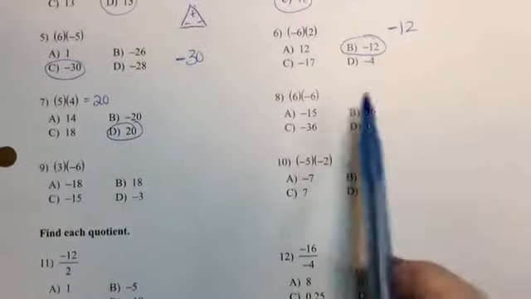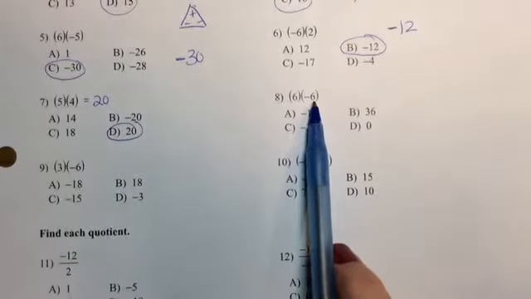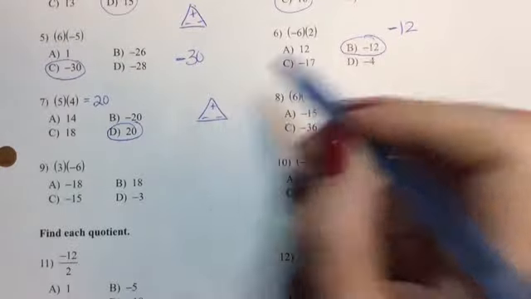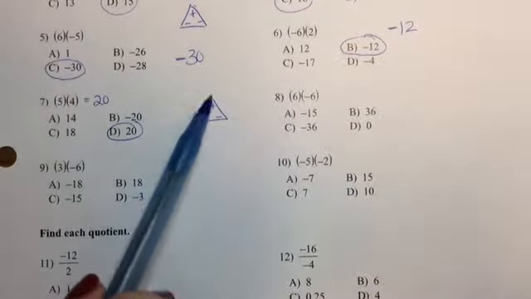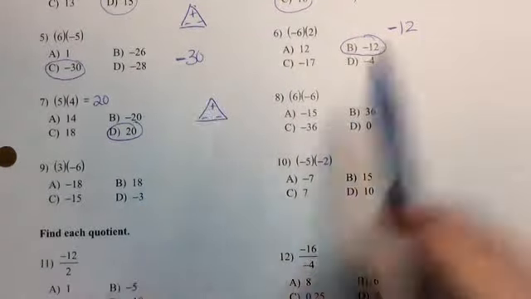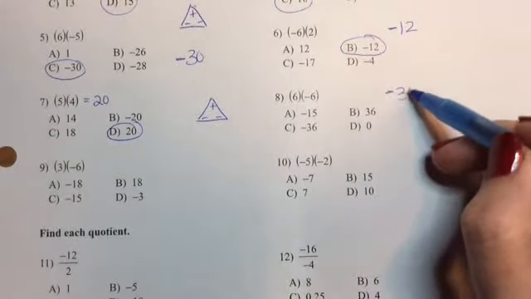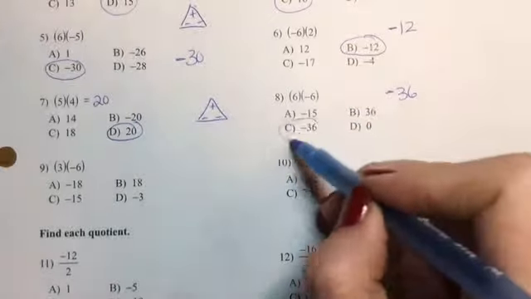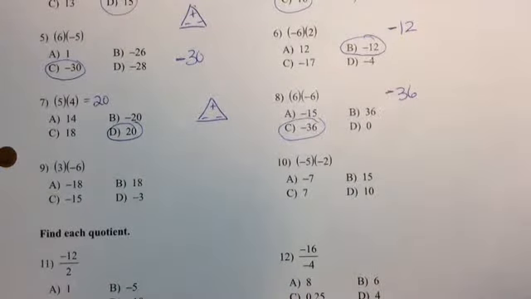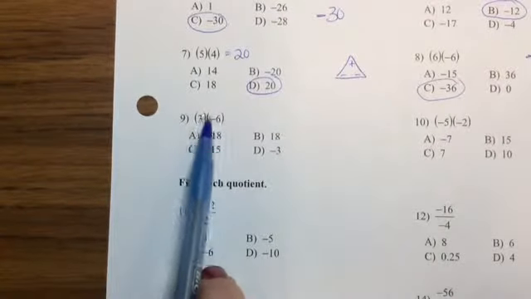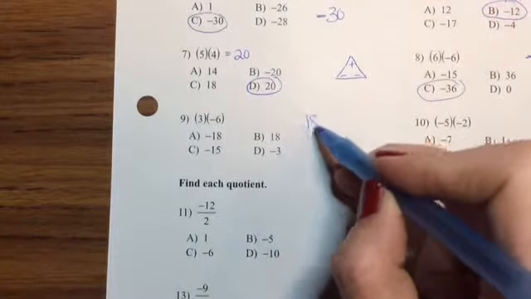Number 8 says 6 times negative 6. So I'm going to redraw my triangle. A positive times a negative is going to give me a negative answer. And 6 times 6 is 36. So my answer is negative 36. All right, number 9 says negative 3 times 6. Well, 3 times 6 is 18.